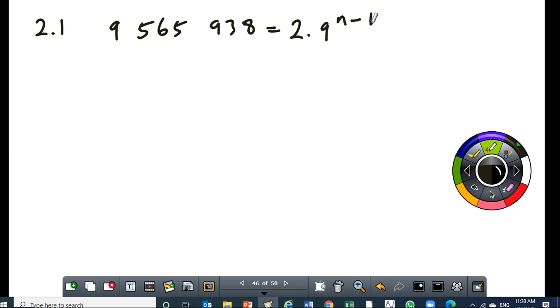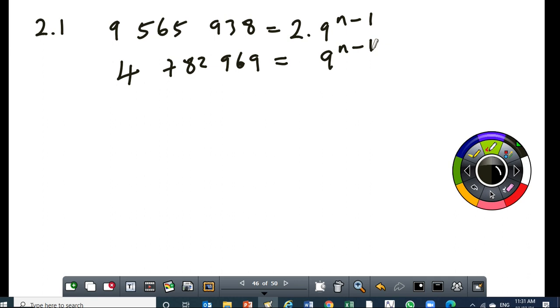Now, before you go anywhere, you have to divide both sides by 2 first. If you do that, you get 4,782,969. That's equal to 9 to the power of n minus 1.